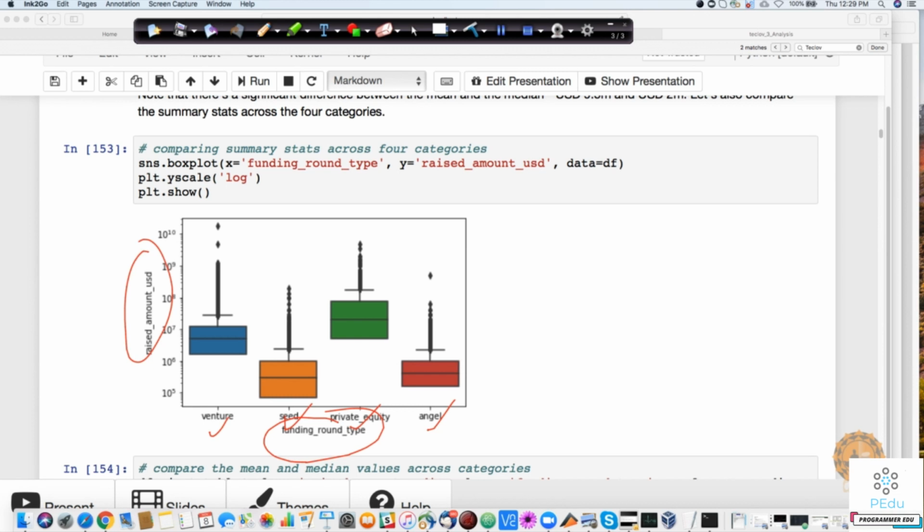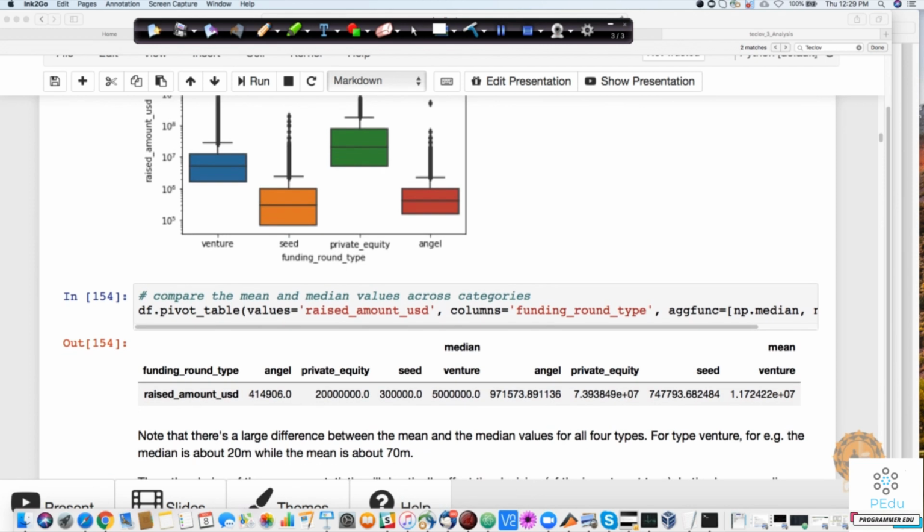You can notice that seed investment is happening lower, then angel investment, then venture, and then private equity. If you know how startups work, it makes sense. But for us, the main thing is to look at these outliers, right? We do have a lot of outlying values, which tells us that we should definitely go for median.